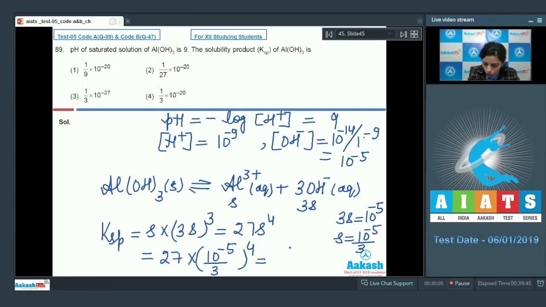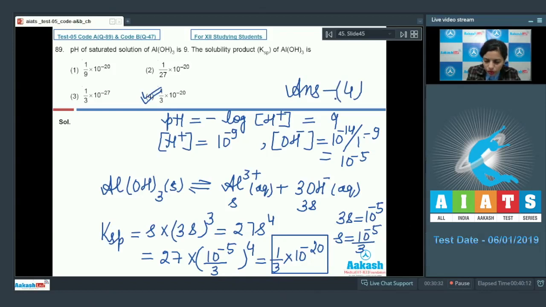And this value on solving, you will get 1 by 3 into 10 raised to the power minus 20. And this value, the answer that we obtained here, is given in option 4. And that's why this is our final answer, option 4.